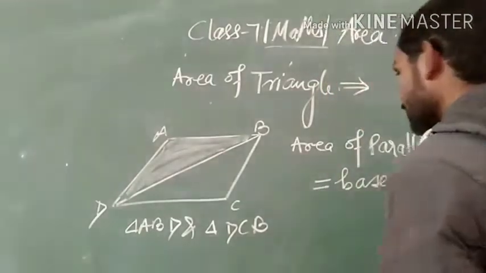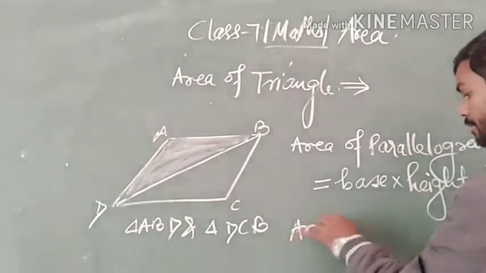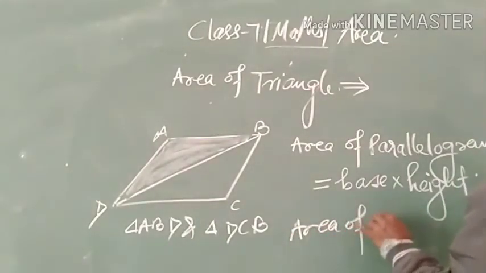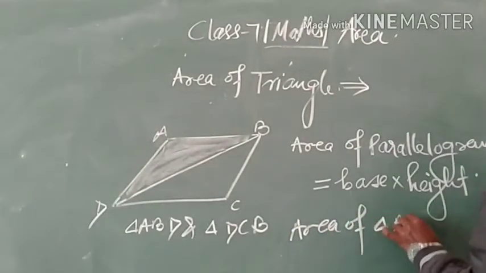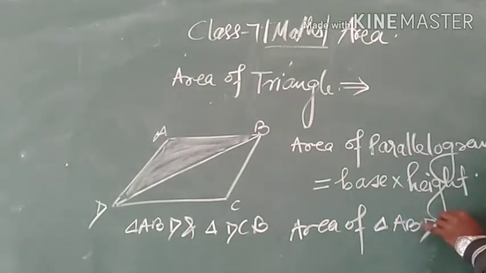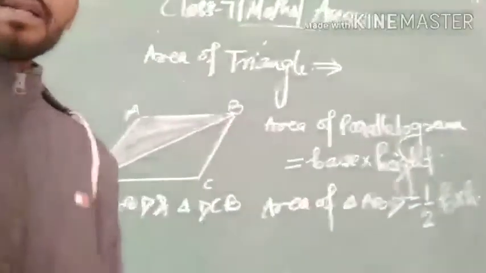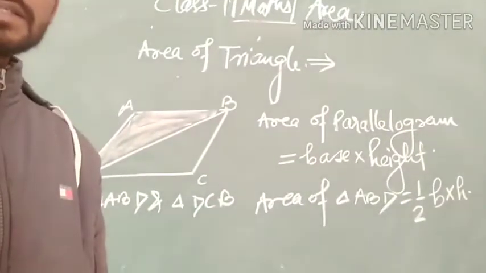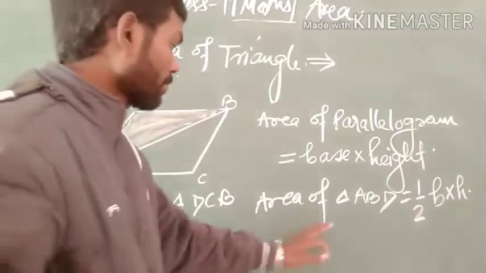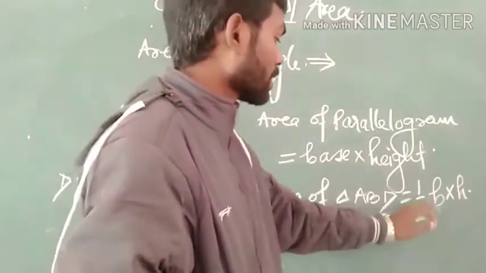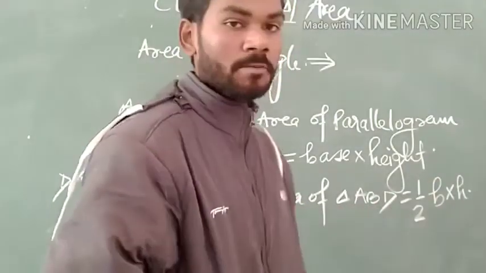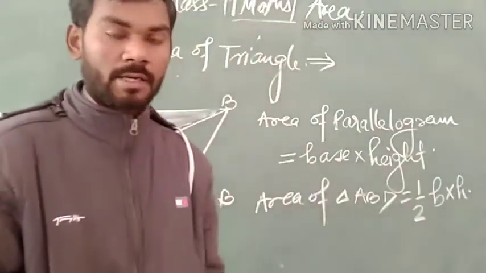So in this case, the area of triangle ABD we shall write as half of base into corresponding height. The area of triangle ABD will equal half of base into height.